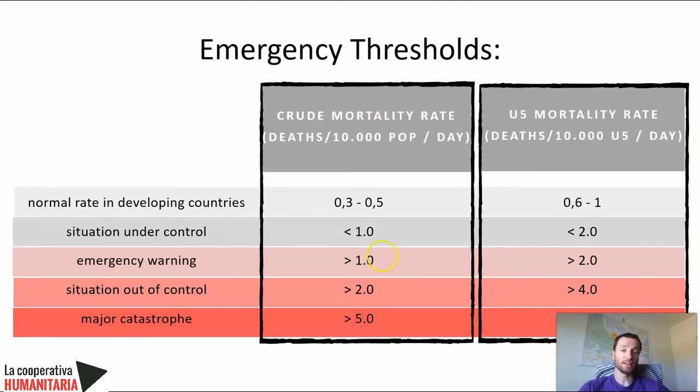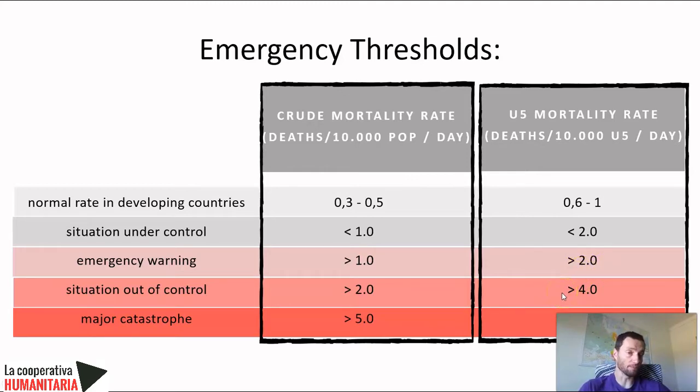We have tables that help us to understand the situation of the population depending on the crude mortality rate. We say that if the crude mortality rate is under 1 death per 10,000 per day, the situation is under control. If it's over, it's already an emergency warning. If it's over 5, it's a major catastrophe. For kids under 5, we double these figures: 2 for a situation under control, over 2 it's an emergency, and a major catastrophe will be 10.